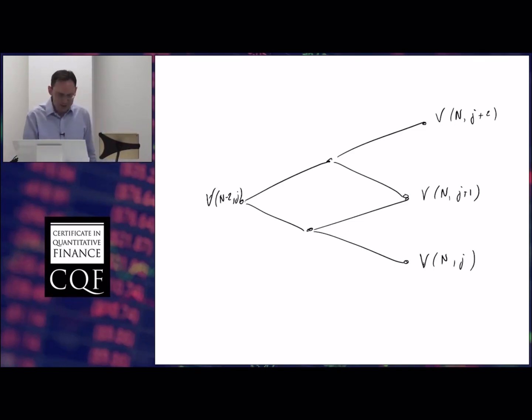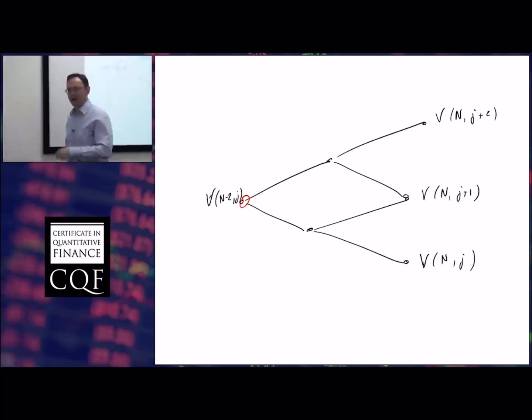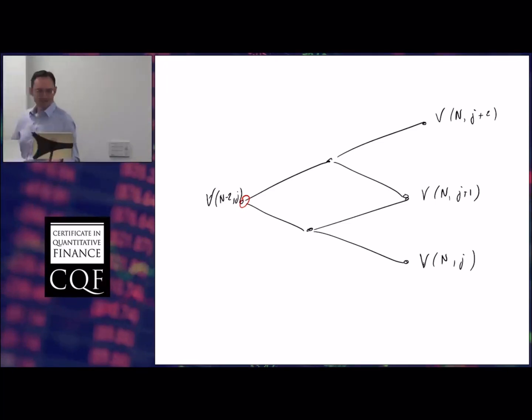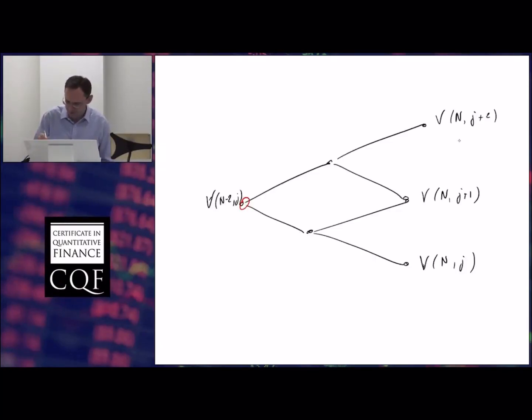Now, starting here, what's the probability that I will end up there? Well, I need to go up twice. I go up with probability P star. So the probability that I'm going to end up there is P star squared.